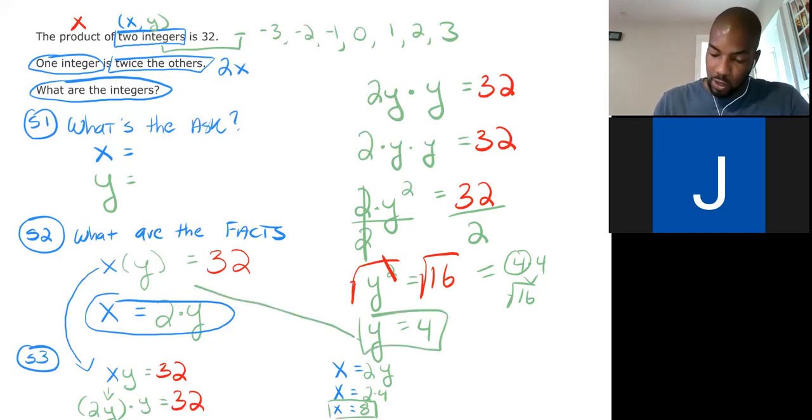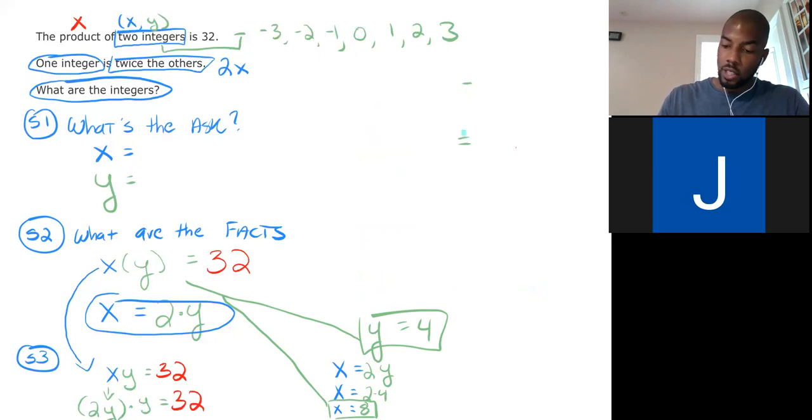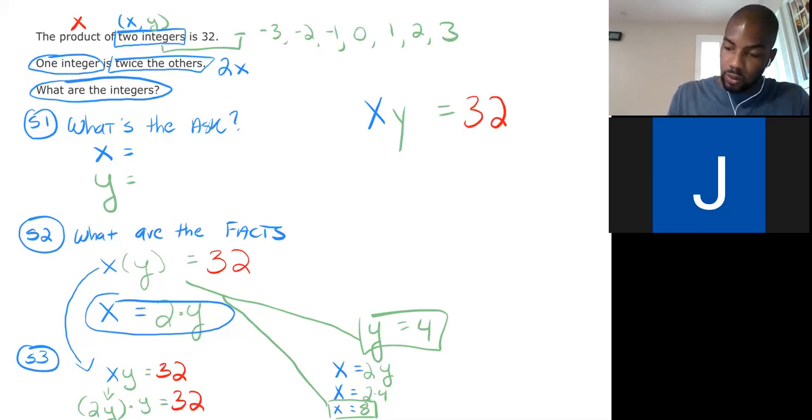And if I plug those two back into my original equation, I should get 32. Let's see if that's true. I'm going to erase all this to get me some space. And so I test it. The product of two integers, x times y, should give you 32.